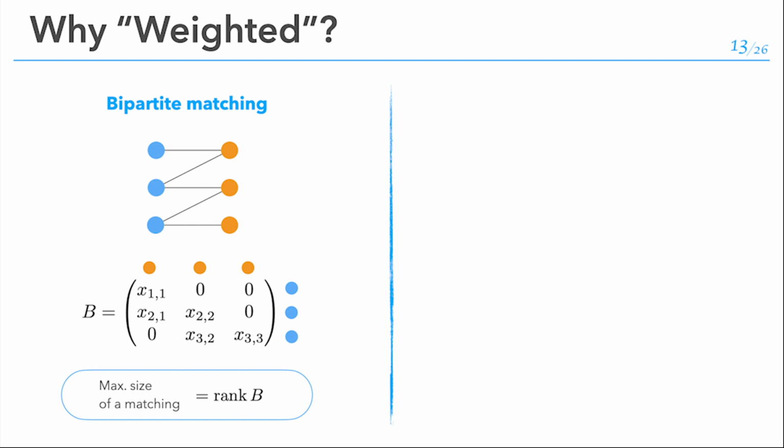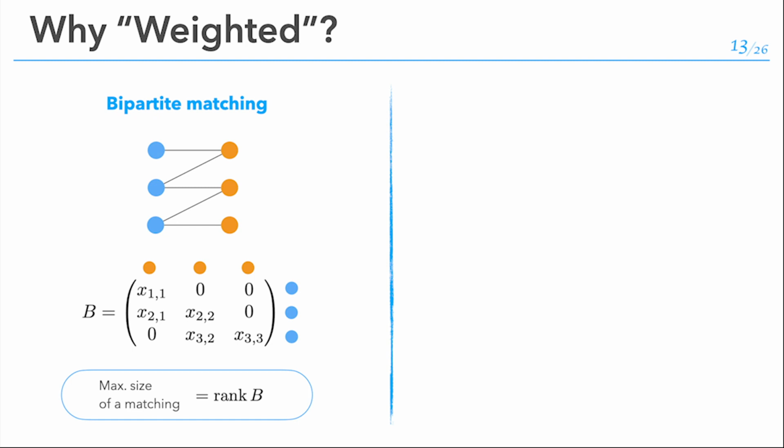Each entry of B corresponds to a pair of a left vertex and a right vertex of the bipartite graph, and if there is an edge connecting its pair, then we set a distinct indeterminate in the entry.